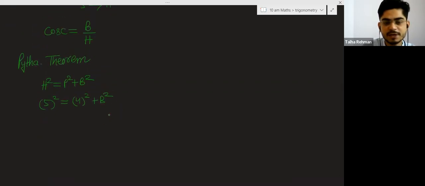Myra, can you calculate this value? Try to solve this on your notebook and tell me the answer. We have just completed coordinate geometry and I have told you how to take the under root and all that calculations.